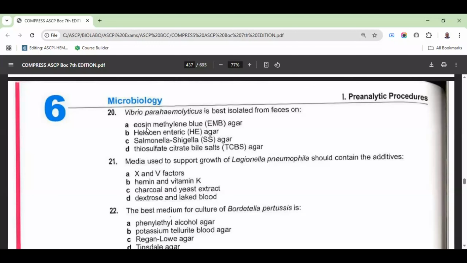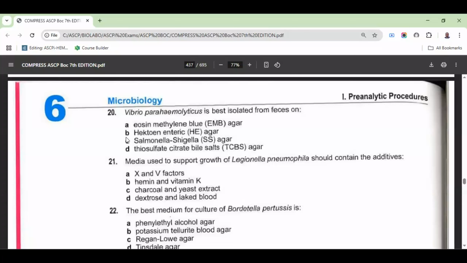Yeah, I think I was mentioning this before. It is TCBS. TCBS is used for Vibrio, whereas Hektoen enteric agar is used for Salmonella.